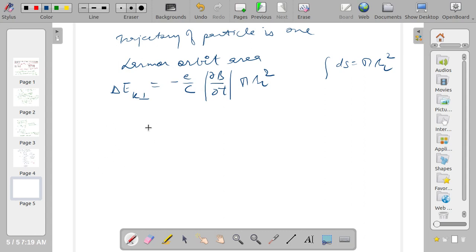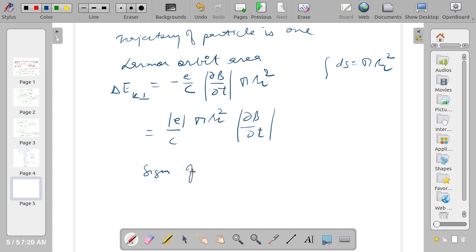So if I take the magnitude form, E pi r L square by C and curly B over curly T, here the sign simply determines the direction of motion.